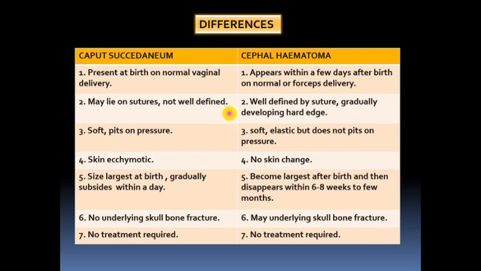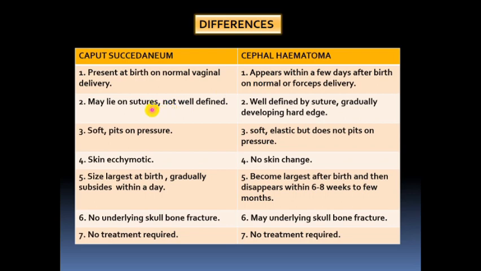This is a comparison between caput succedaneum and cephalhematoma. Caput succedaneum is present at birth on normal vaginal delivery, but cephalhematoma usually appears a few days after birth, following normal or even forceps delivery.